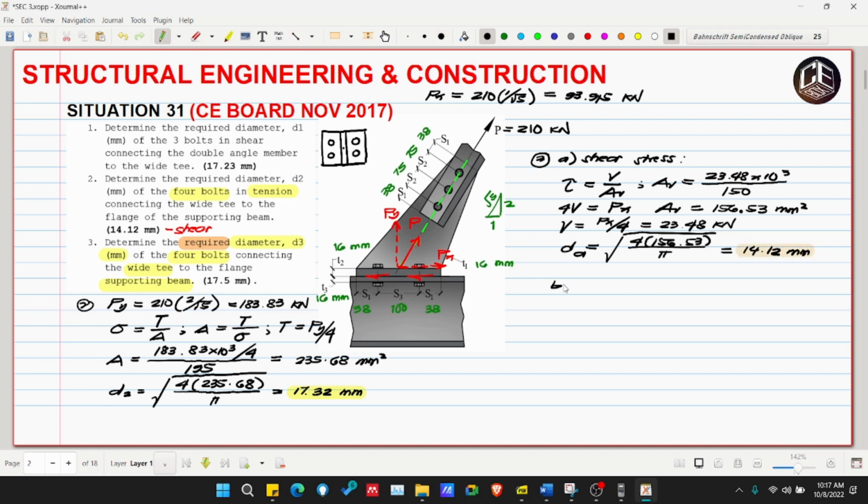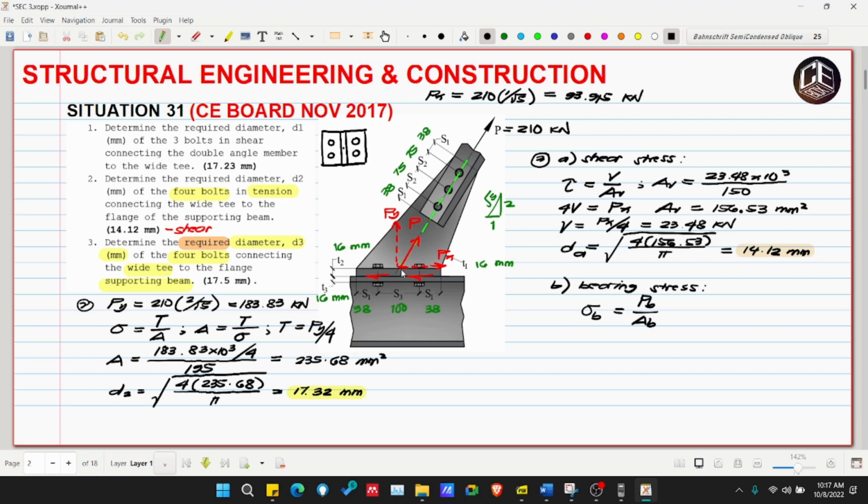Okay, then letter B. Para naman sa bearing stress. Sa bearing stress, ang bearing kasi ano rin sigma, pero may nakalagay na P or B. Yan, so masanay ako sa B. Is equivalent to bearing force over bearing area.